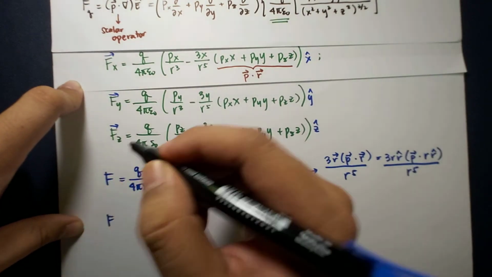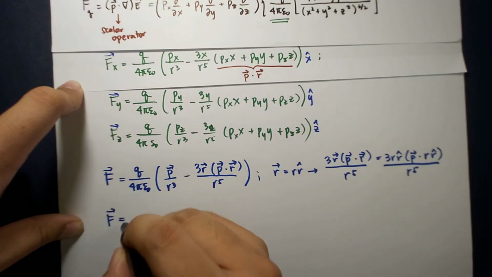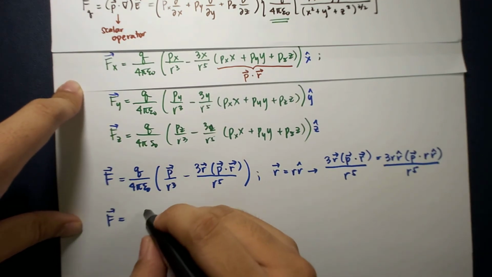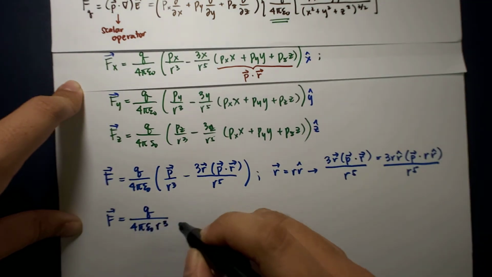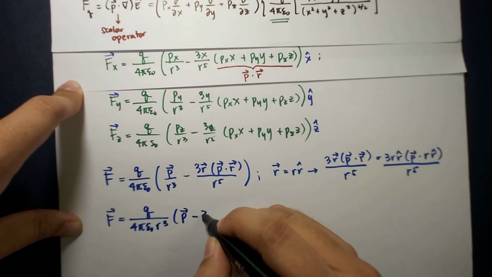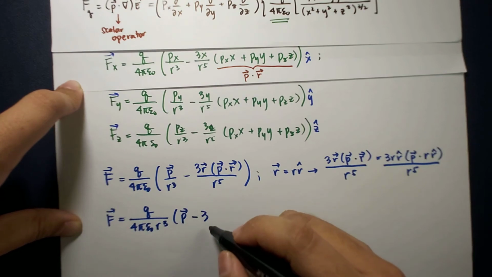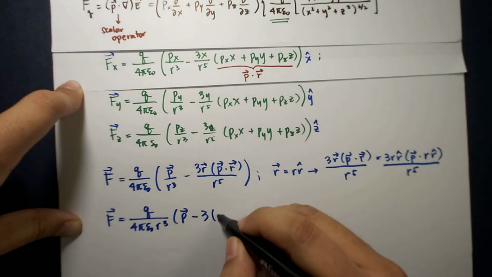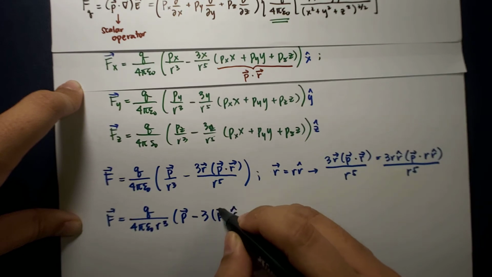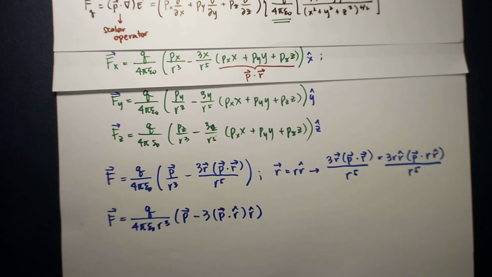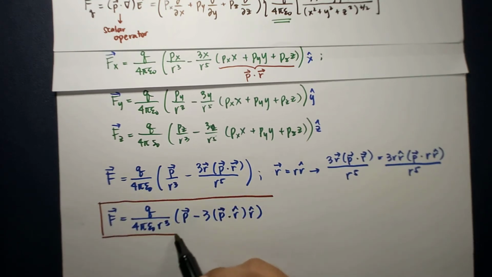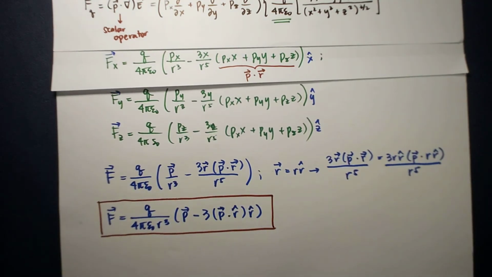So finally, the final form of the force is q over 4 pi epsilon r cubed times p minus 3 times p dot r hat. Okay, so this is the force exerted by the charge q on your dipole moment, or on your dipole.